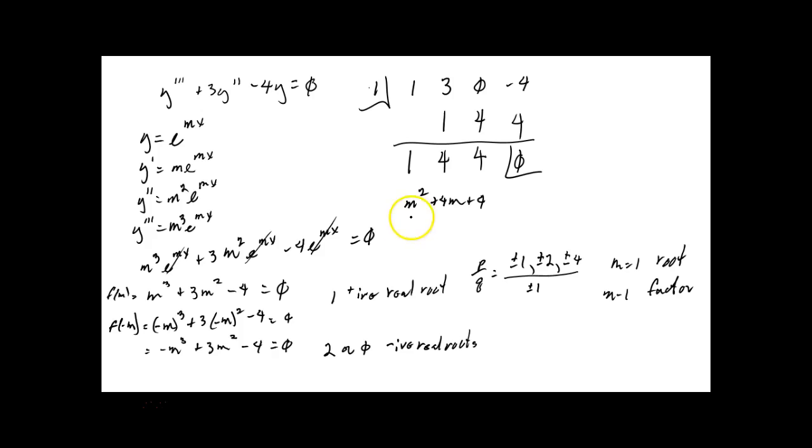Now, guess what? That will factor: m plus 2 times m plus 2. Right? And that does give you that. Well, what are your solutions? m equals minus 2 or m equals minus 2. Hey, guess what? That's a double root.